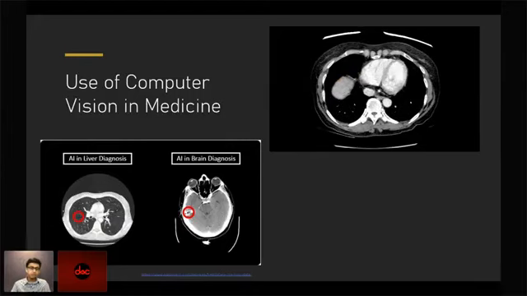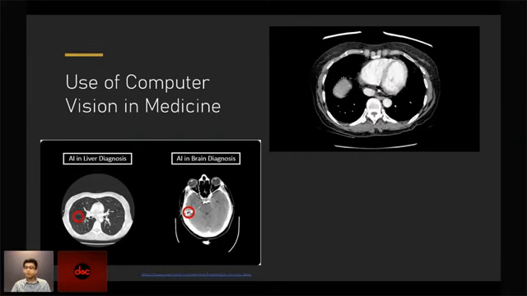That's what the red circles are. That's the computer vision algorithm actually identifying those things on those scans. And on the right side, we have another computer vision algorithm identifying another object in this scan. It's just based on what these computer vision models are trained on to identify. So these are just a couple real world examples of how computer vision is actually being used in the medical field.